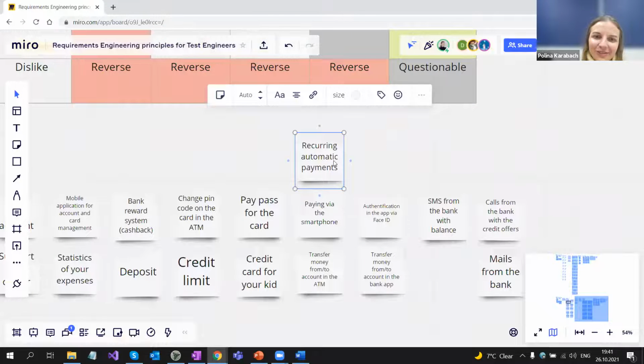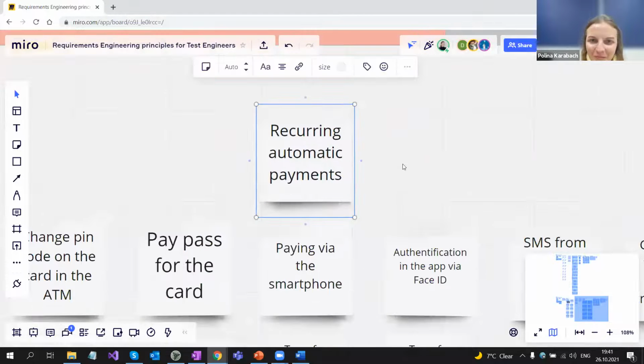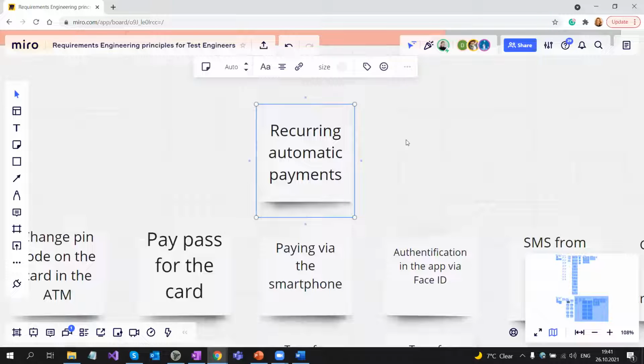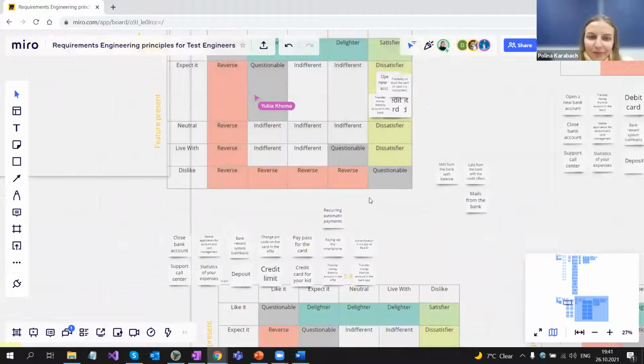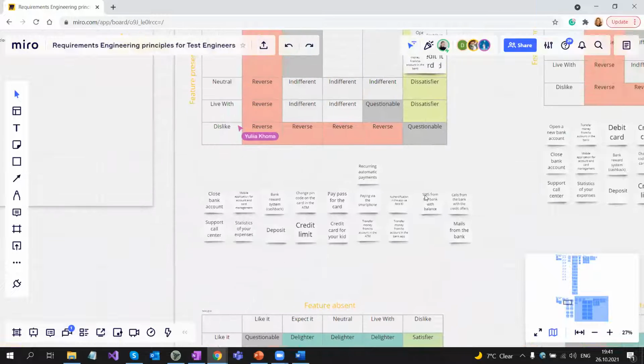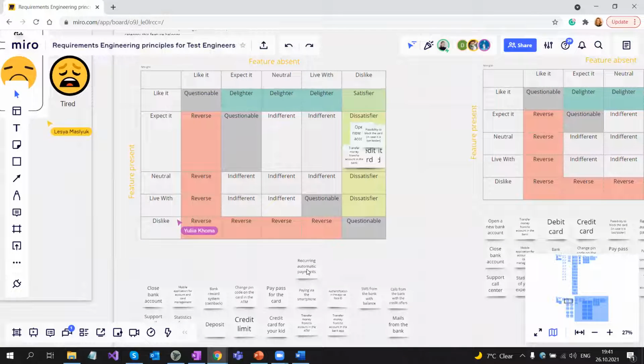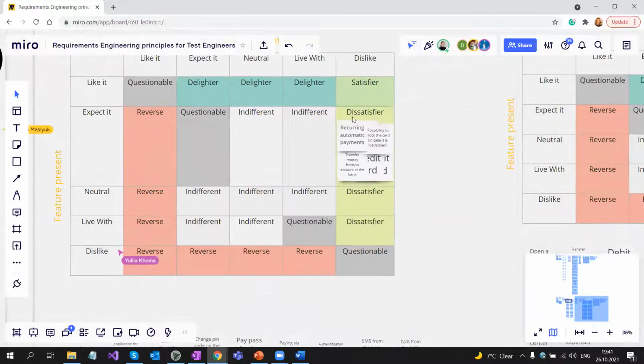Recurring automated payments. Well, if we're speaking about my bank account application, then this feature has been there for at least 10 years. So I would expect this one, and I would also be dissatisfied because I use it quite often for different bills that I pay. So I would say I will be dissatisfied if it will be missing.